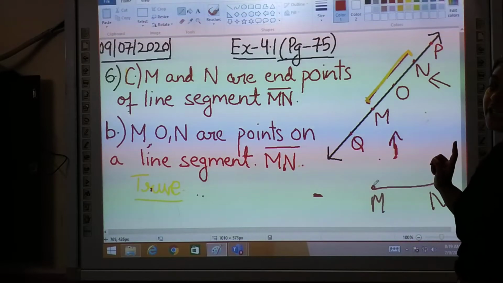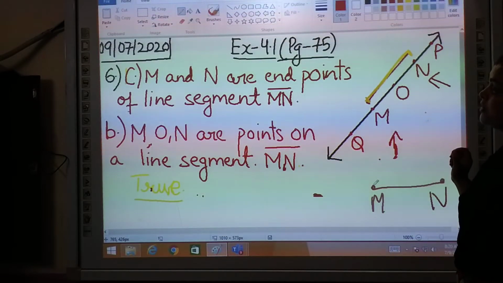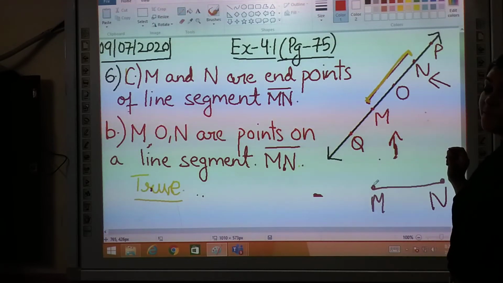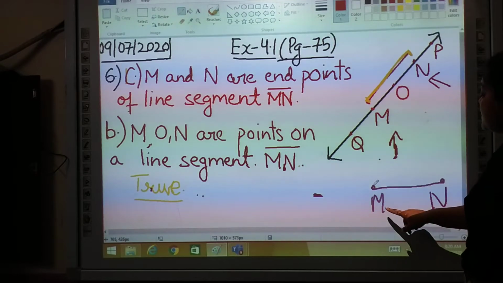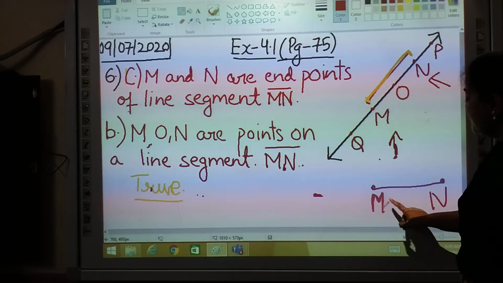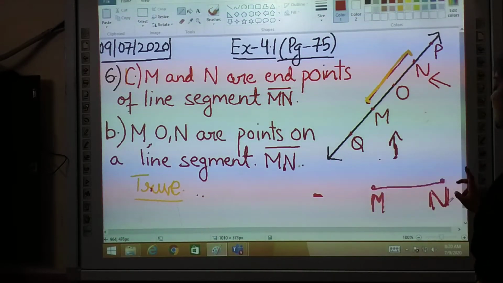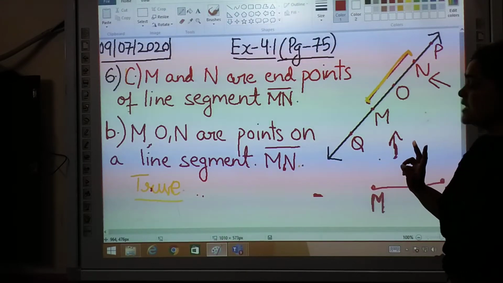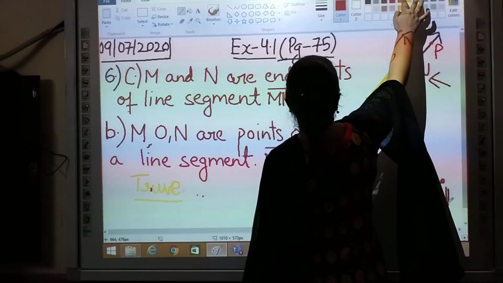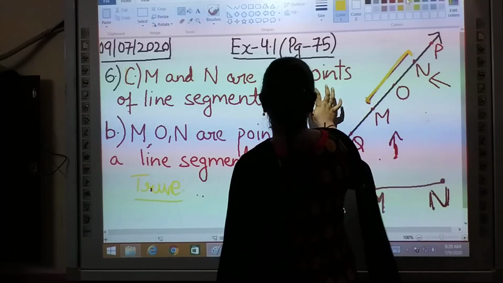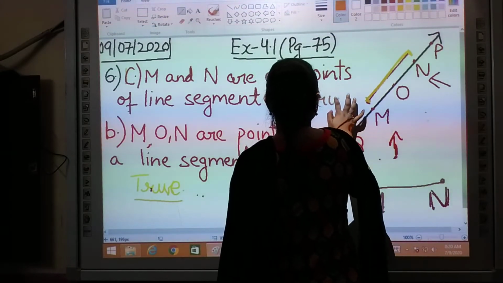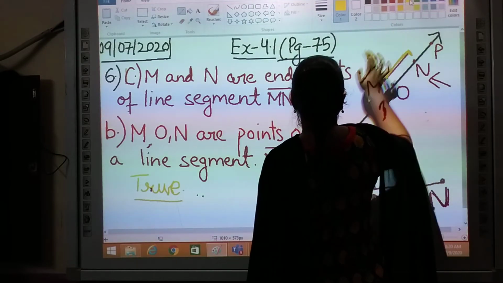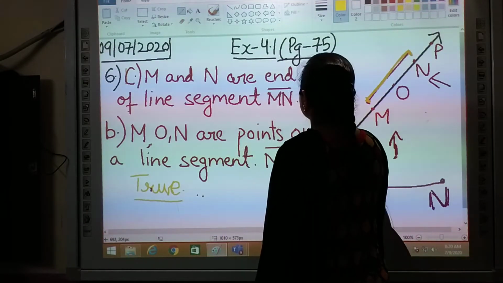The statement 3 is asking us to prove that M and N are endpoints of line segment MN. We have taken the line segment MN and we can see that M and N are clearly the 2 endpoints of line segment MN. So this statement is also true.